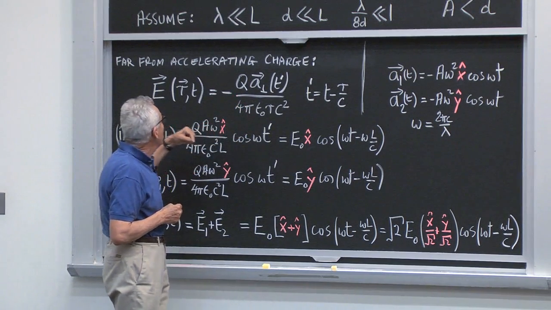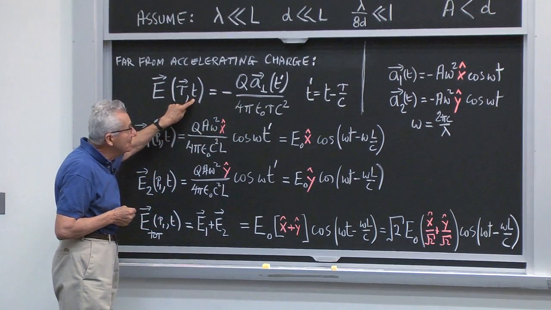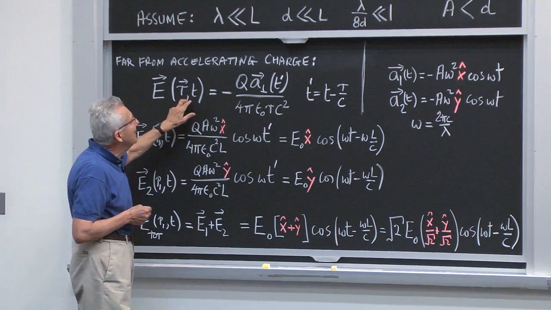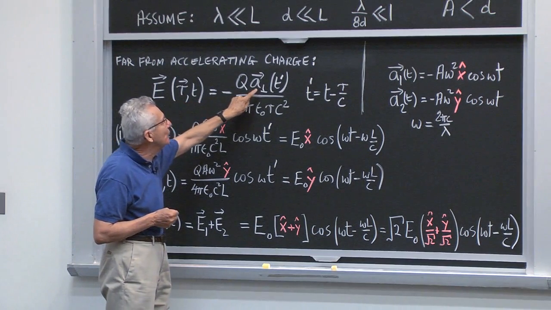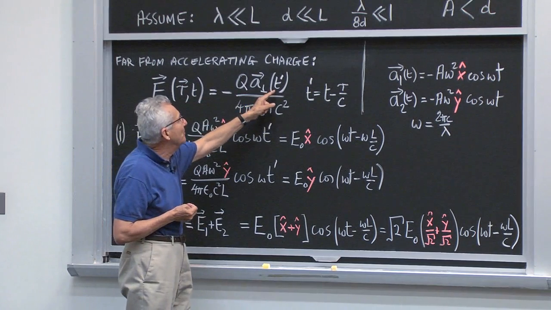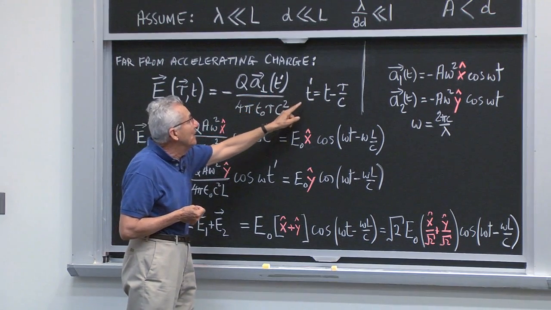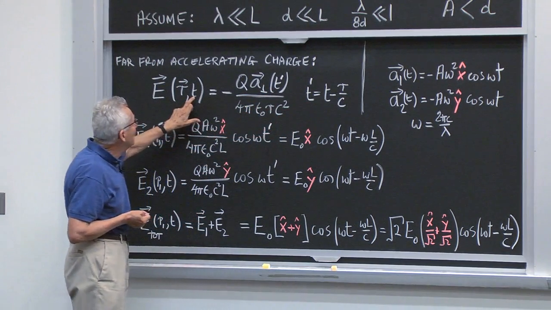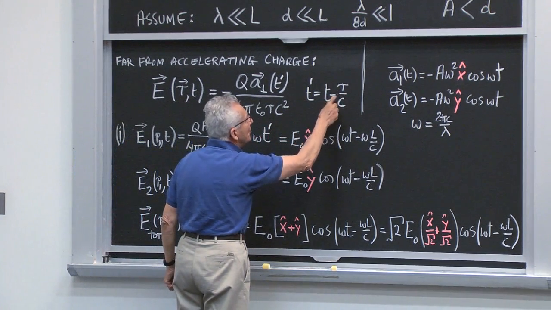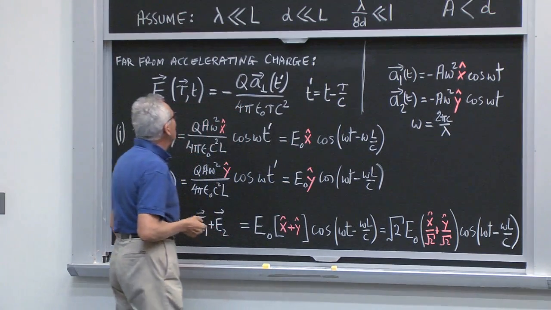But at a point in space, the electric field there is related to the acceleration at an earlier time, at a time t prime, which is earlier than the time when we are considering, by the amount r over c.